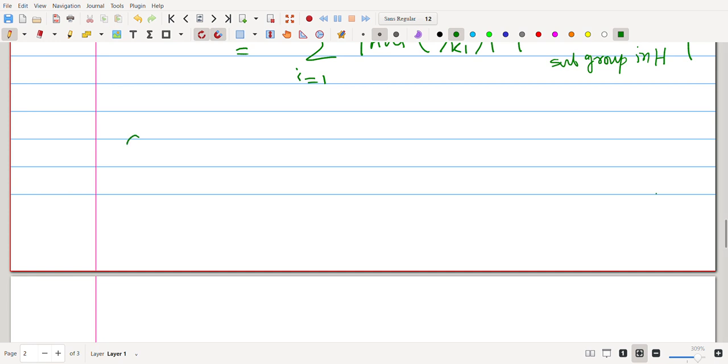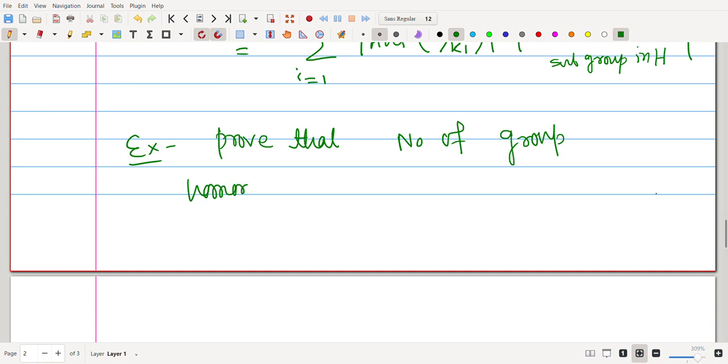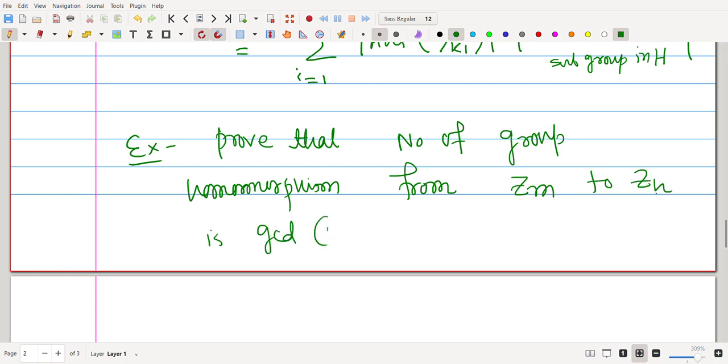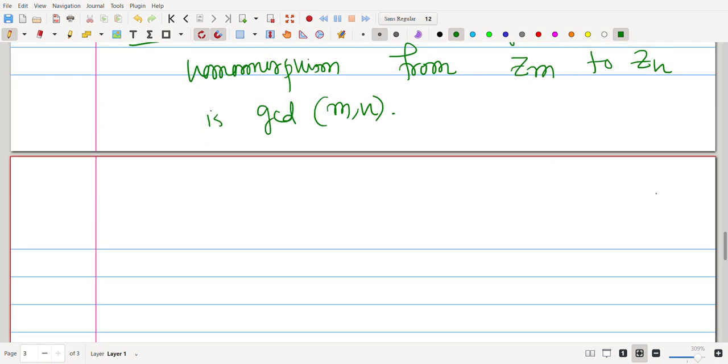Okay. Now, exercise. You can do the same proof and prove this. Also, you can compute the number of group homomorphisms from K4 to Q8, S4 to S3, Sn to Sm, anything like that.